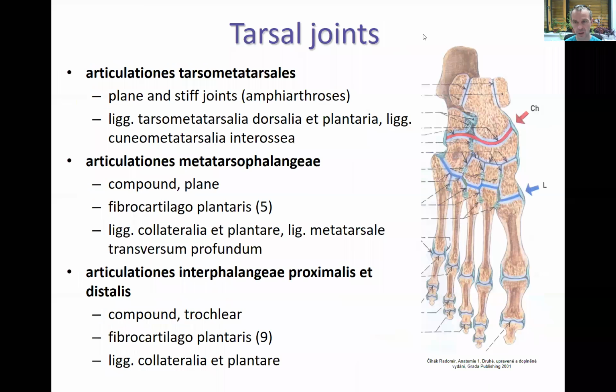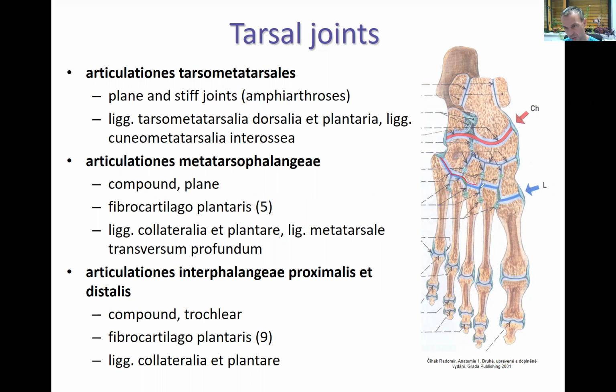So this is for the ligaments. And when we continue in the joints, then we have these tarsometatarsal joints. Unlike the carpometacarpal joint, this joint has a cleft which is not nicely shaped.